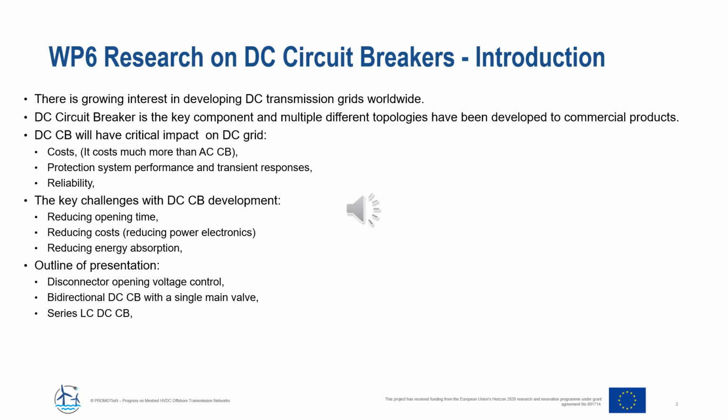The key remaining challenges with the circuit breaker development are reducing the opening time, reducing the cost, reducing energy absorption. In this presentation, three different aspects of the research on DC circuit breaker development will be presented: disconnector opening voltage control, bidirectional DC circuit breaker with a single main valve, and the series LC DC circuit breaker.